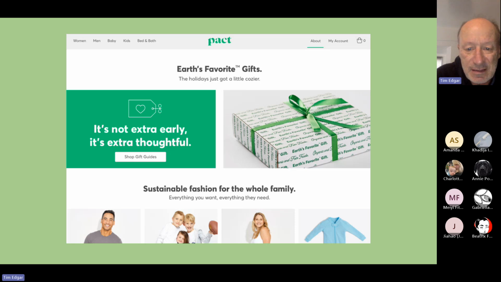I'm not sure that's possible. Can you use the shipping box to donate the old clothes? Okay, so yeah, it all looks good, doesn't it? We'll come on to some issues with this later on in the lecture, but this all looks good. This is the sort of way we should be going.